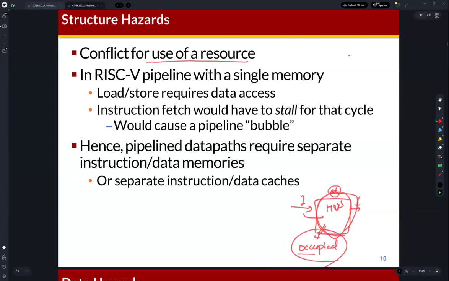And then while this hardware is occupied, new data cannot be given to this hardware. Right. Okay.